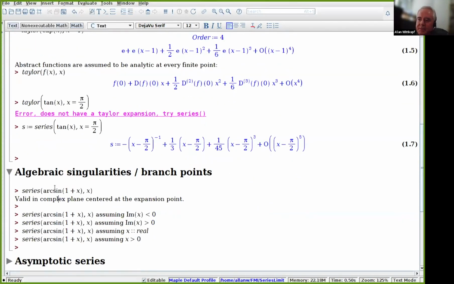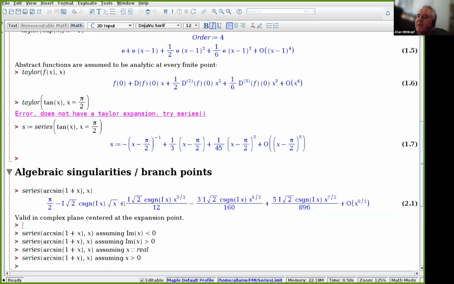When you use series for a finite expansion point, it attempts to provide an expansion that's valid for a complex disk about that expansion point, a disk in the complex plane. So if a more specific answer is desired, assumptions can be used.